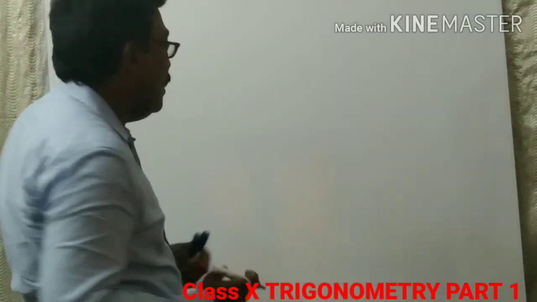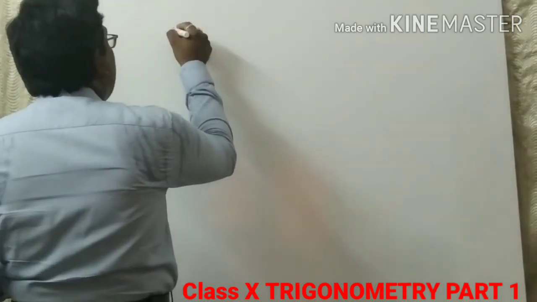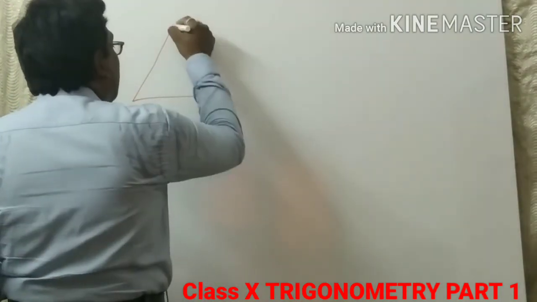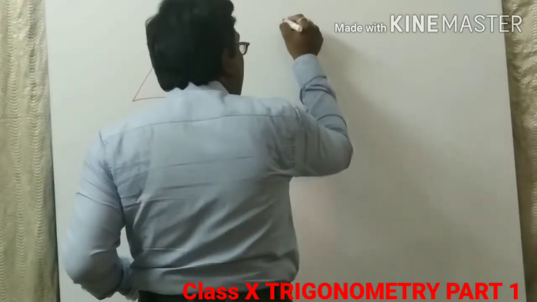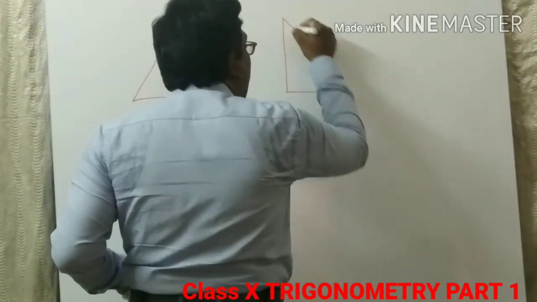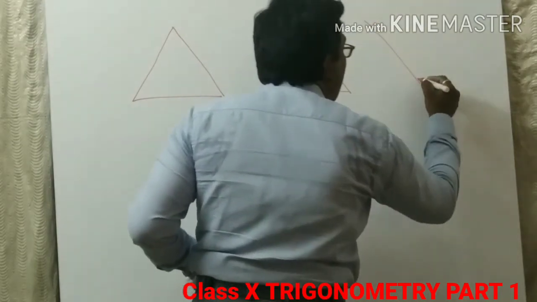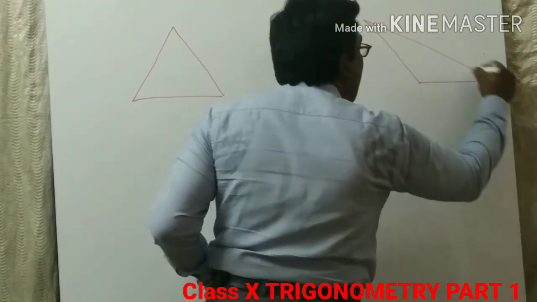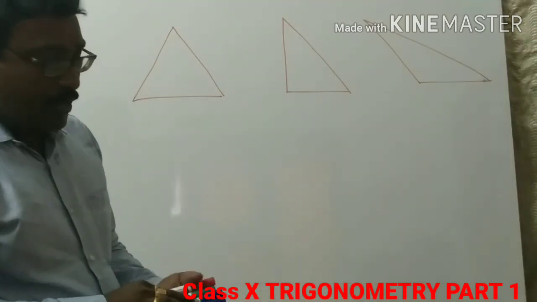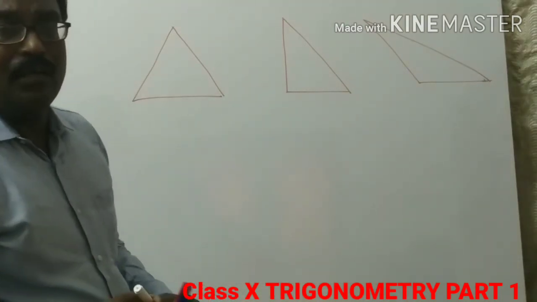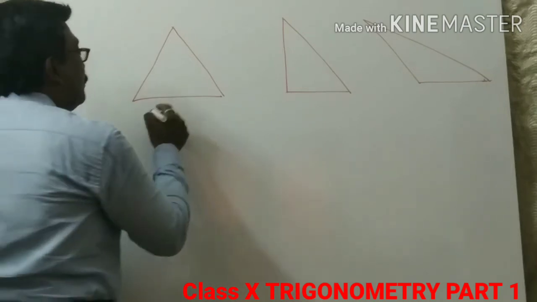Okay, now come to the parts of a triangle. We can differentiate triangles into 3 types based on angles. Usually everybody knows we denote the angle with the help of theta.